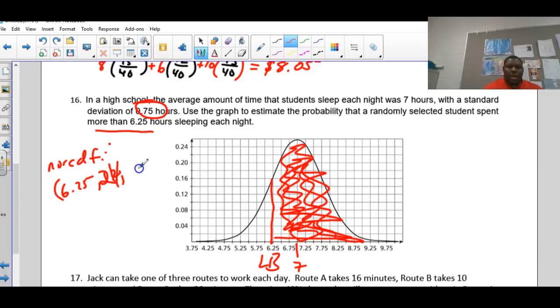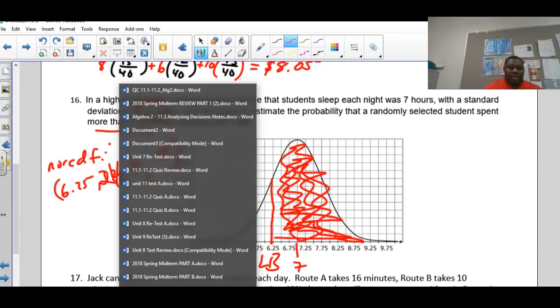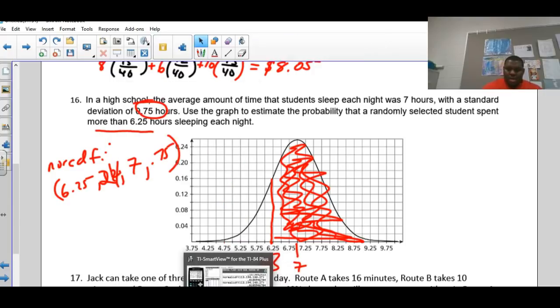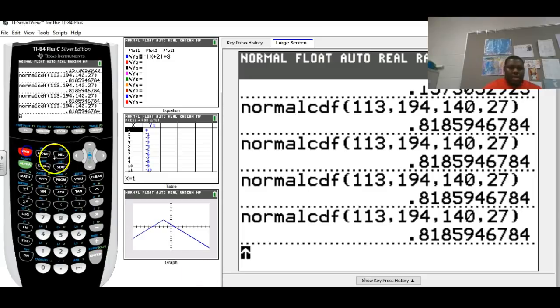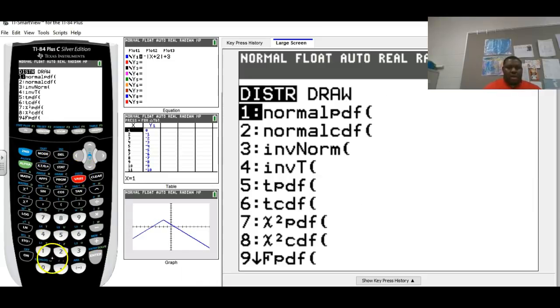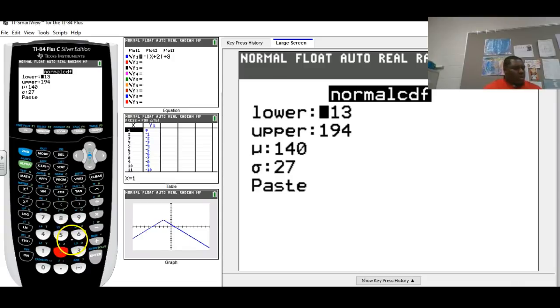24 hours, okay? And then the mean is 7, and the standard deviation is 0.75. So we're going to use our calculator like that. When I go to the calculator, and I go second and VARS and option 2, our lower bound is going to be 6.25.